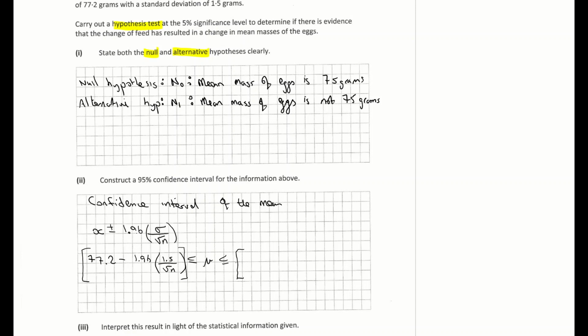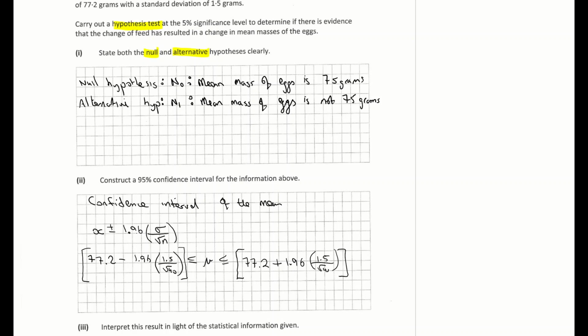So I'm going to do the same now for a positive: 77.2 plus 1.96 times my standard deviation divided by the square root of the number of eggs, which is 40. So I'm just going to substitute my n with a 40.